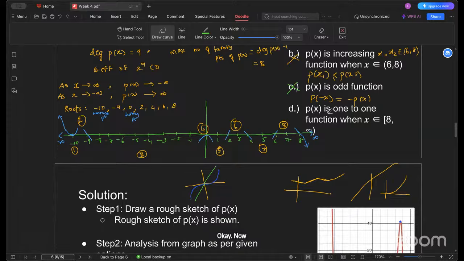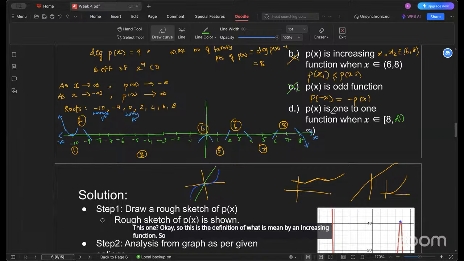Now, the next option is P of x is 1 to 1 when x is in x to infinity. Ma'am, can you explain this, p of x1 is greater than or equal to p of x2? Yes, ma'am. Okay, so this is the definition of an increasing function.